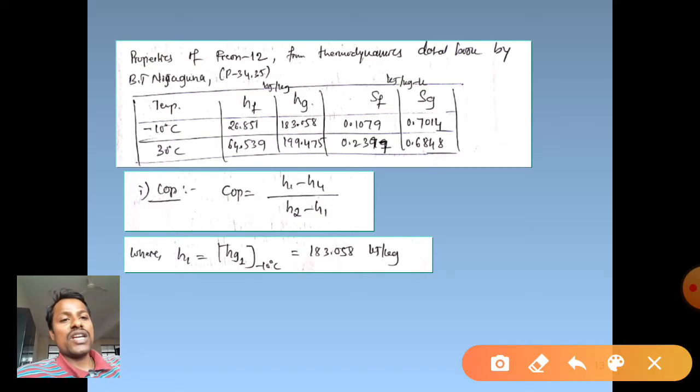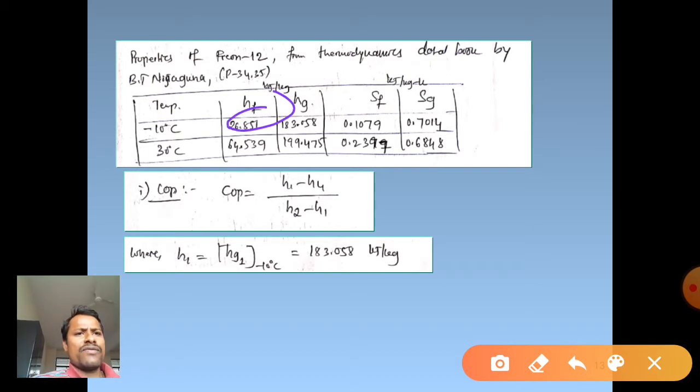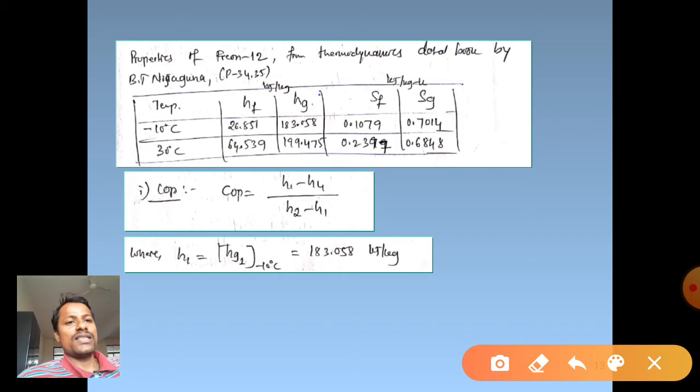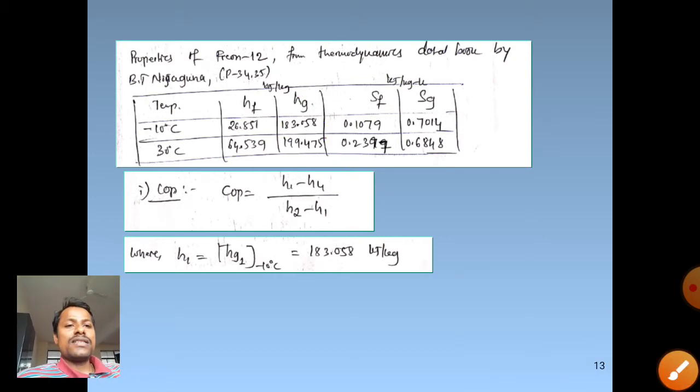At state 1, the temperature is minus 10 degree Celsius, that is the evaporator temperature. At minus 10 degree Celsius, the HG value is 183.058. Thus we determine the value of H1.